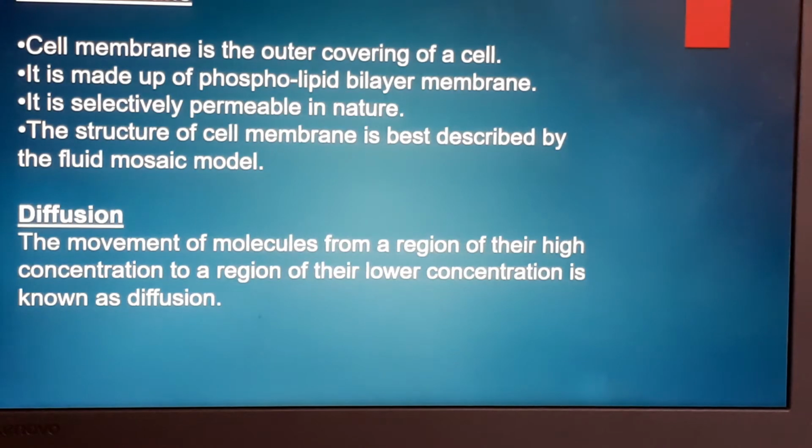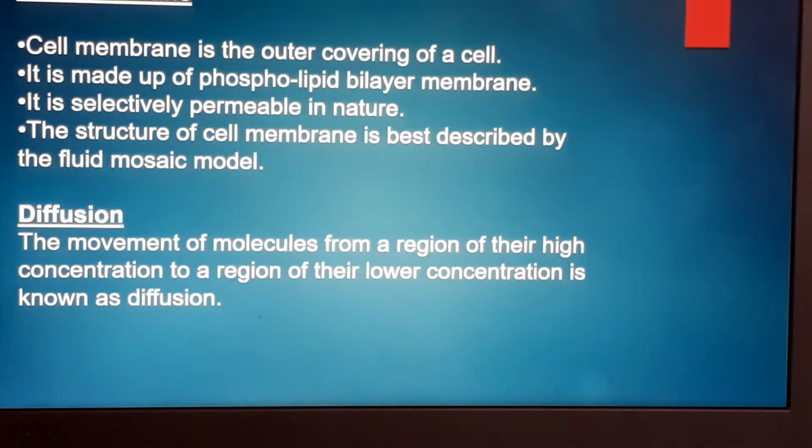It allows only what the cell requires. We have different techniques: diffusion, osmosis and active transport. These are the techniques through which the cell membrane allows molecules in.